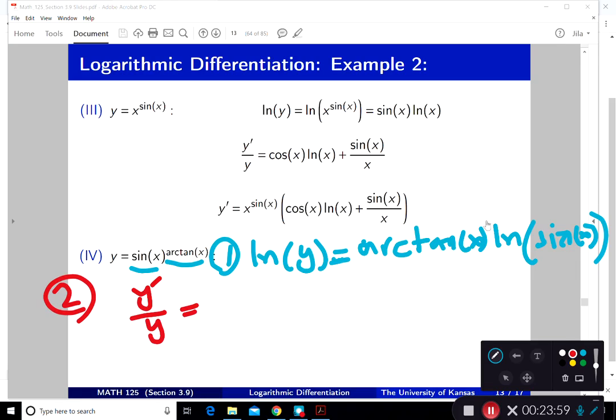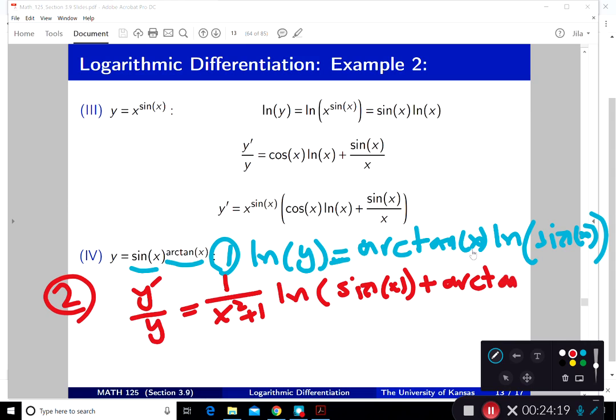The derivative of that we learned just recently is 1 over x squared plus 1, and times the second term, then plus arc tan of x times the derivative of natural log of sine of x, which is going to be the inside in the bottom, then the derivative of the inside.